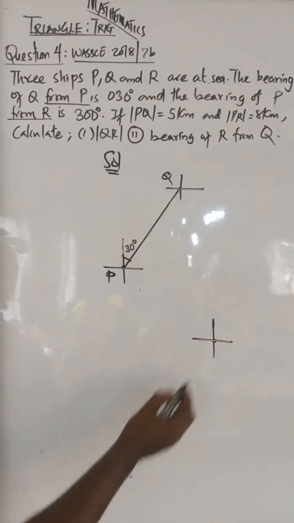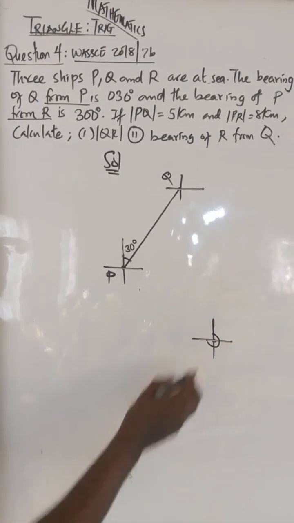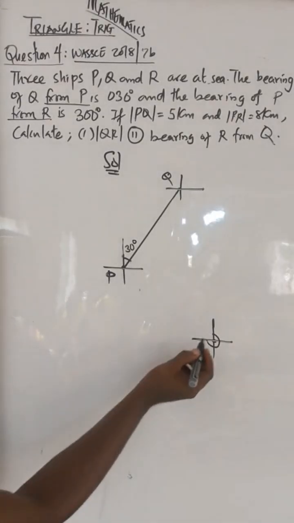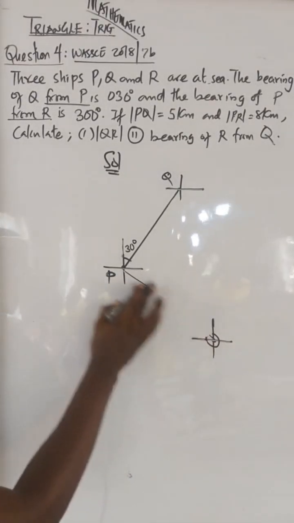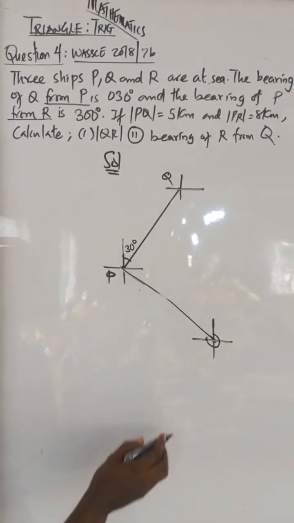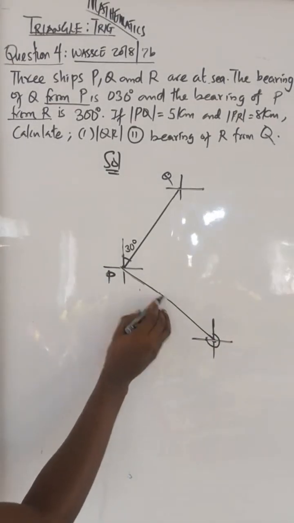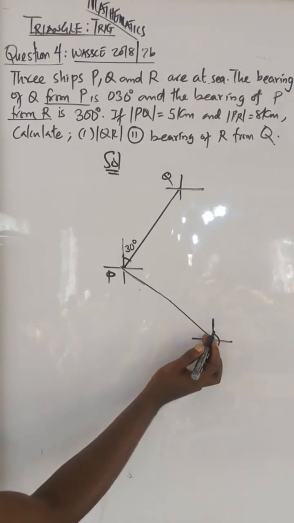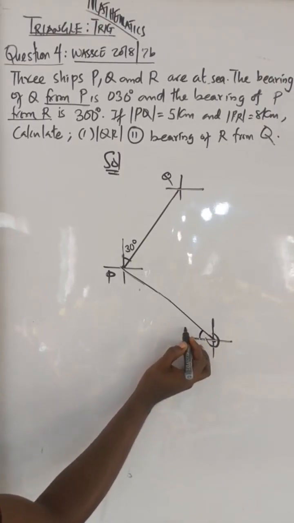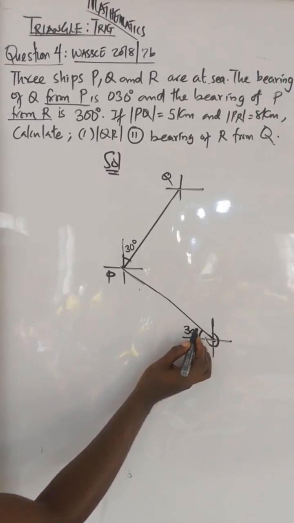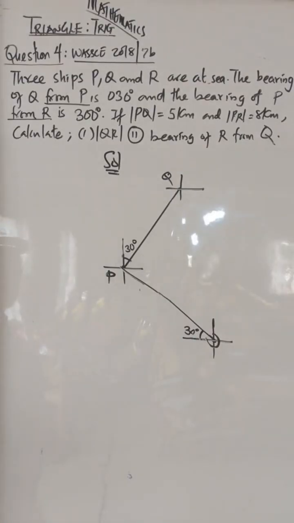So 300, 90, 180, 270. That will leave the remaining 30. So from that 30, we join this to this. So it means this is 270 and this is what? 30 degrees. What's the question?